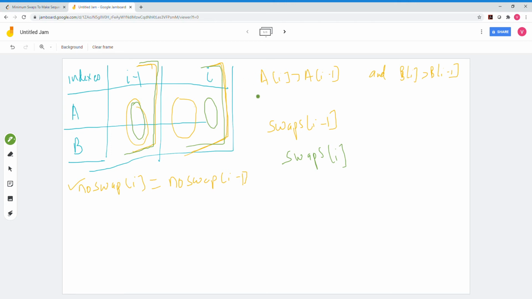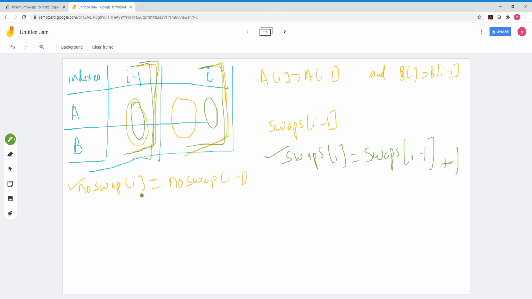If I want to find swaps of I, that is the cost to make the array increasing until here, such that there is a swap here, it is the same thing as finding the cost to make the array increasing until here with a swap here plus 1, because of this one extra step. So I can simply say swaps of I is swaps of I minus 1 plus 1. So this is our second equation under the first subcase.